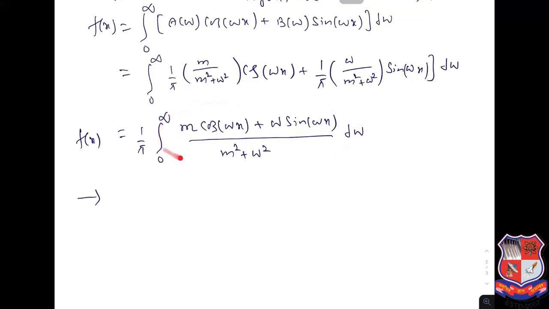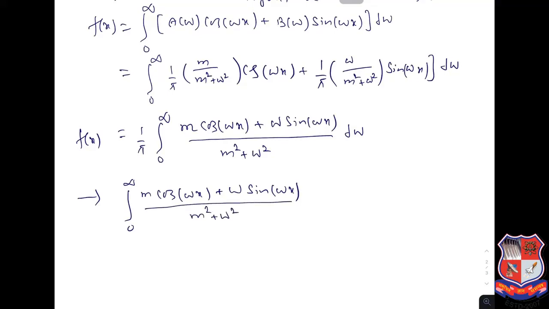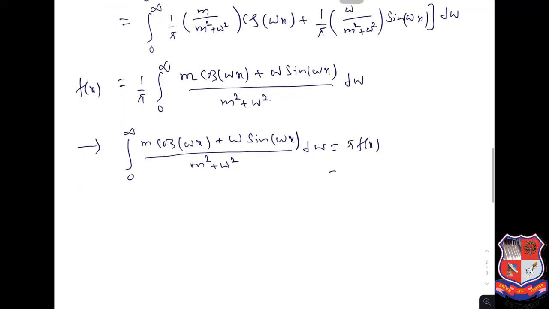You are given the value of this integral: integration 0 to infinity, m cosine omega x plus omega sine omega x over m square plus omega square, d omega, equal to pi into f(x). So this is pi into f(x).